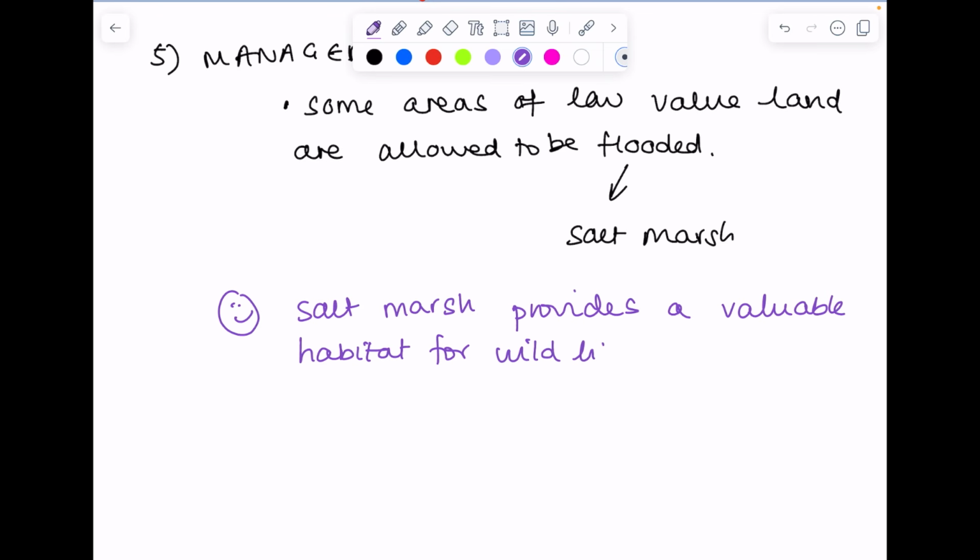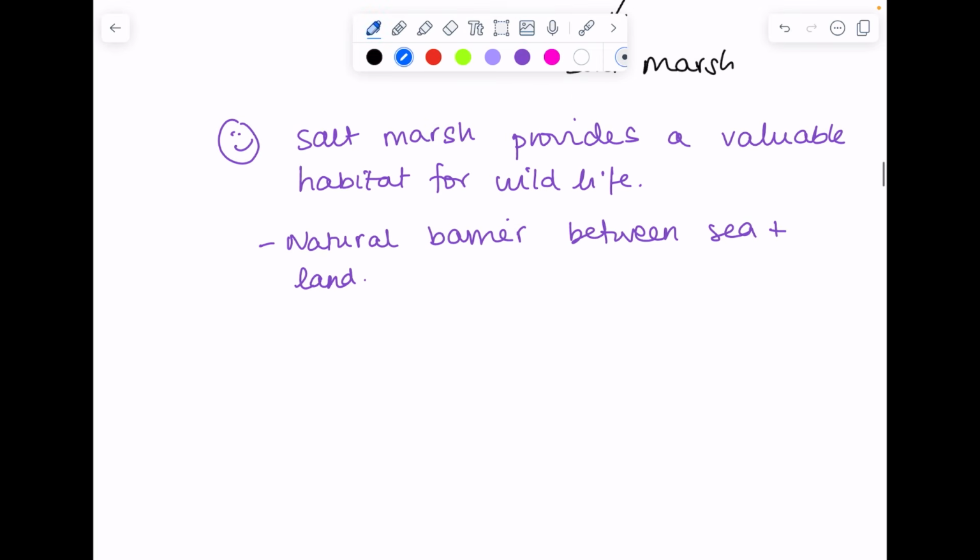We're going to be providing a natural barrier between the sea and land. Where that land is owned by landowners, they'll require compensation. Not that that's particularly a bad thing, I'm just writing it here. Because effectively they're losing their land to the salt marsh.